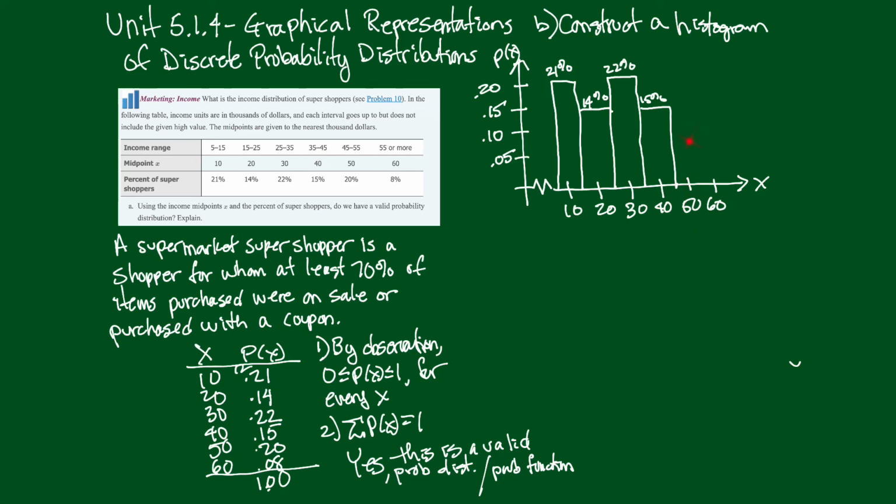So at 50, I'm going to go right up to that 20. Bring it over. 20%. And then at 60, we're at 8. Here's 10, here's 5, so 8 is going to be kind of right in here. Let's extend that over, and that's going to be 8%.